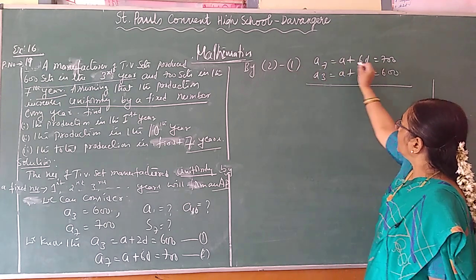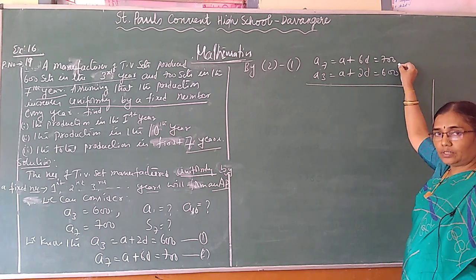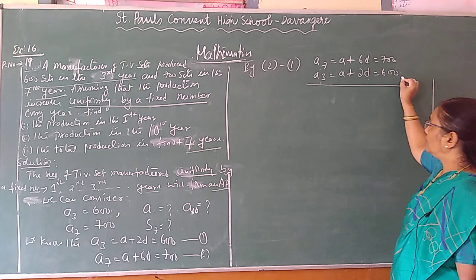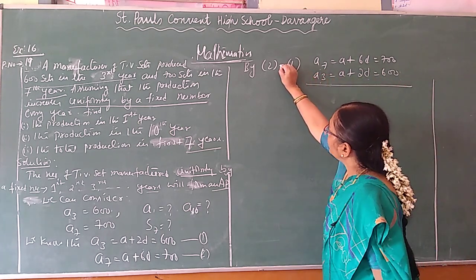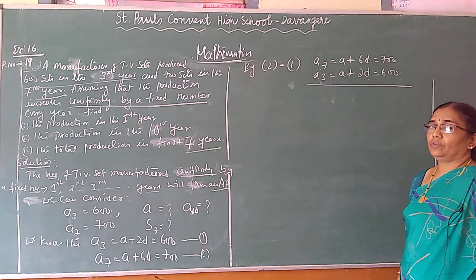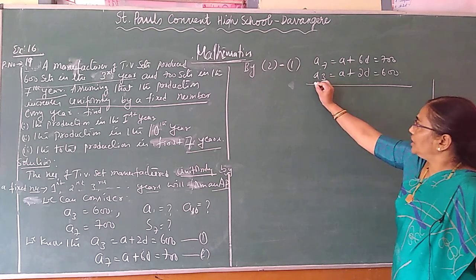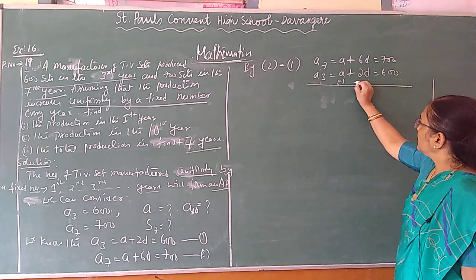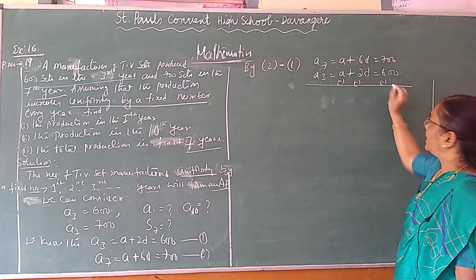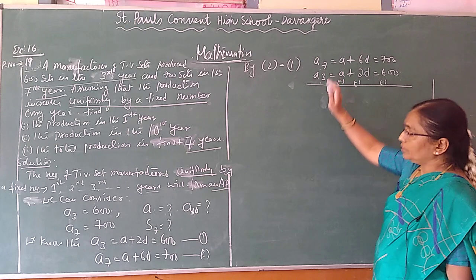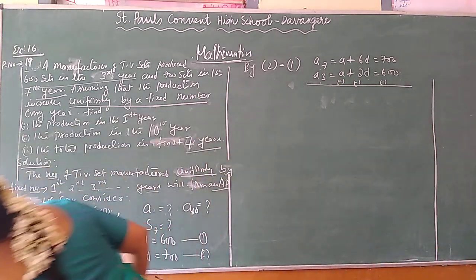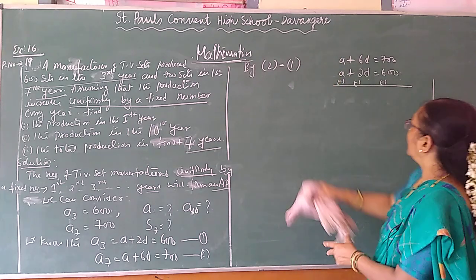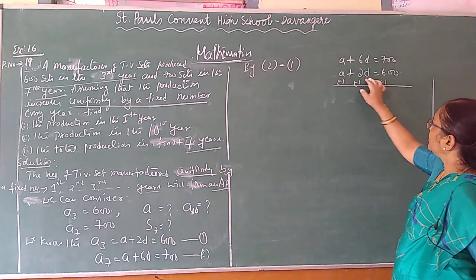A7 is equal to A + 6D is equal to 700. A3 is equal to A + 2D is equal to 600. Then subtract. There is a change in the sign. Is it so? We write A7 and A3 because we already have the equations as A + 6D and A + 2D.